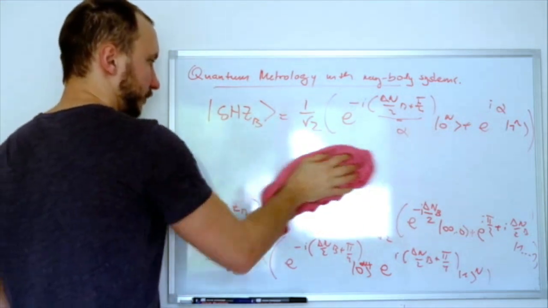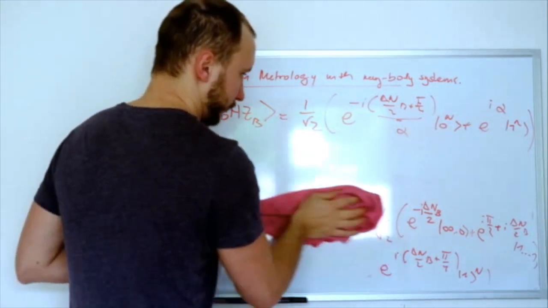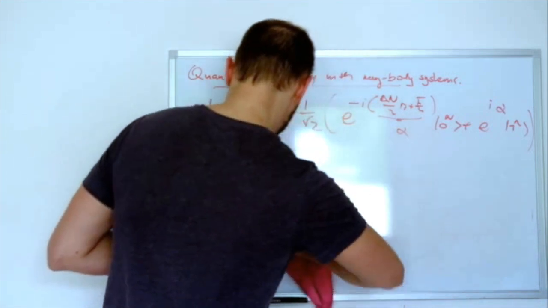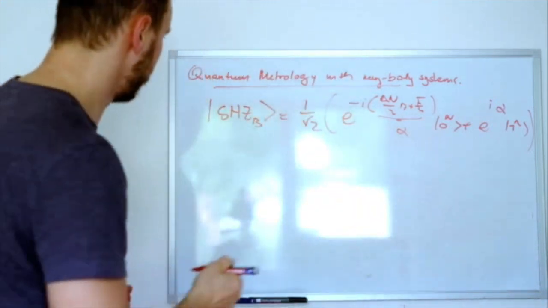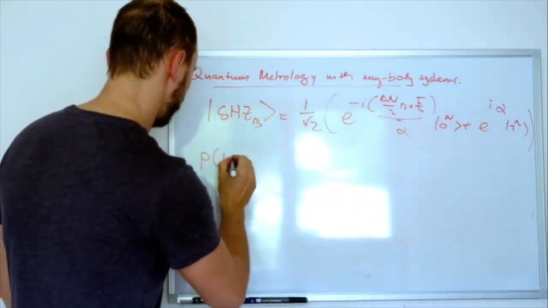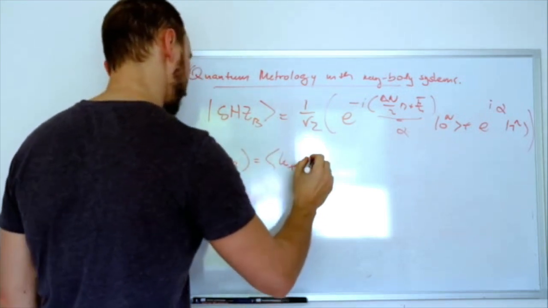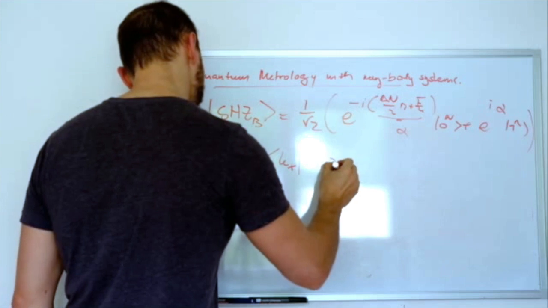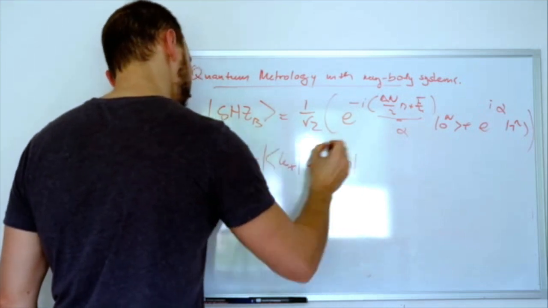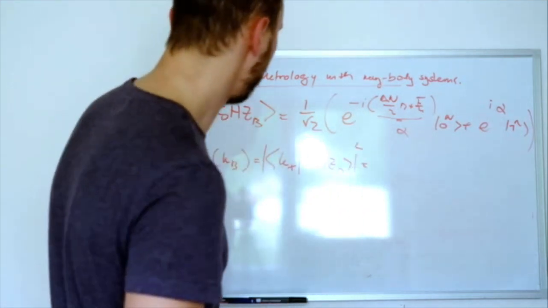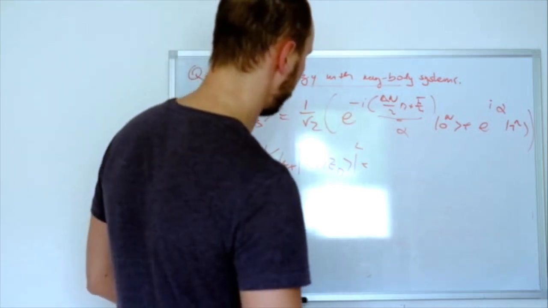Now with this we can easily conclude on the k things. So let's compute the probability now to observe the k bit string. The probability to observe the k bit string now is the overlap of kx with the GHZ state of b, squared. And now, what do we get here?